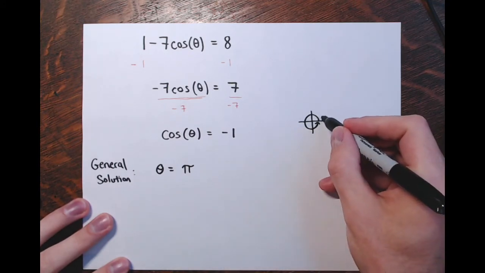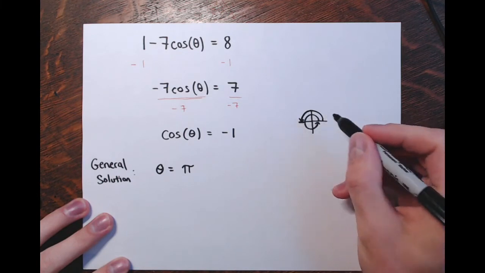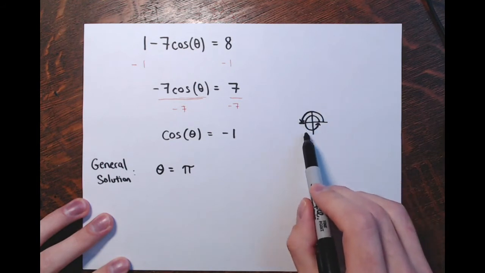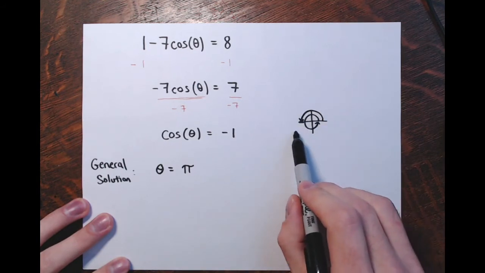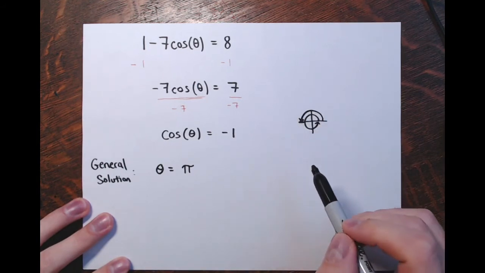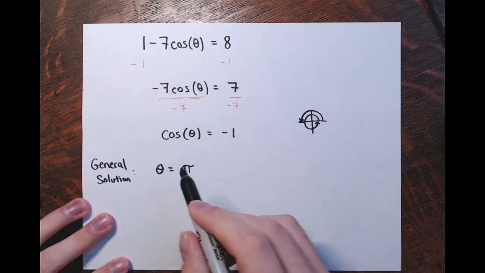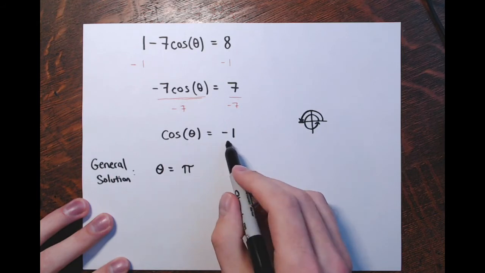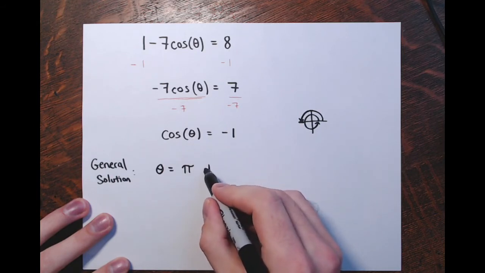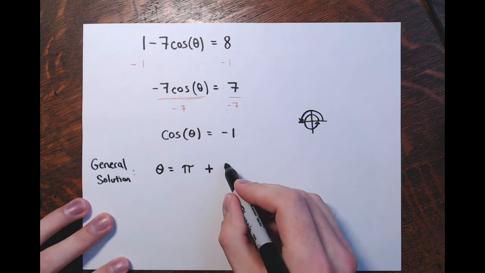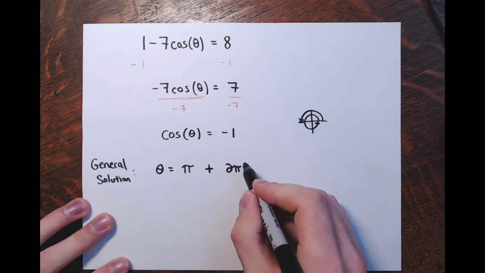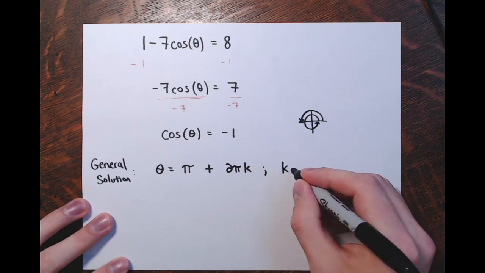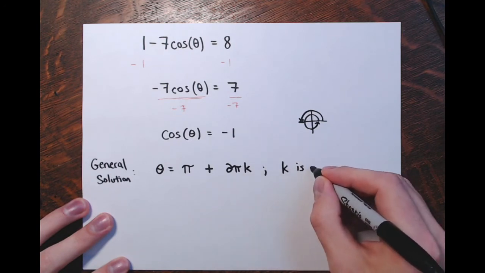Now remember, you can keep adding 2 pi, or subtracting 2 pi, and end up at the same place. So if I want to describe all the infinitely many values of theta that make this true, I can add on 2 pi times k, any multiple of 2 pi, where k is an integer.